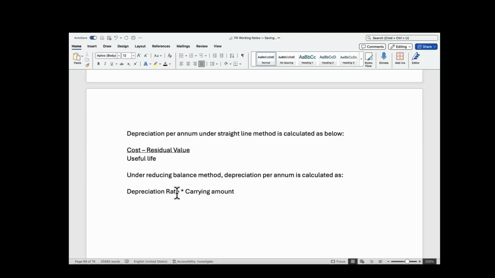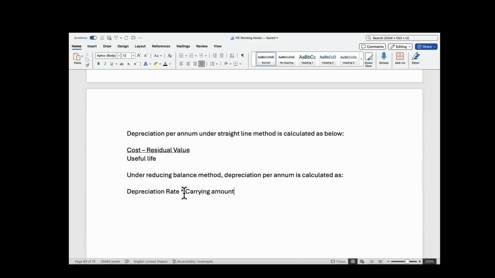That's why they give you a rate, you apply that on the carrying amount, and you know that your carrying amount is cost minus accumulated depreciation. So the carrying amount is an amount that reduces every year, with the amount of depreciation allocated every year.